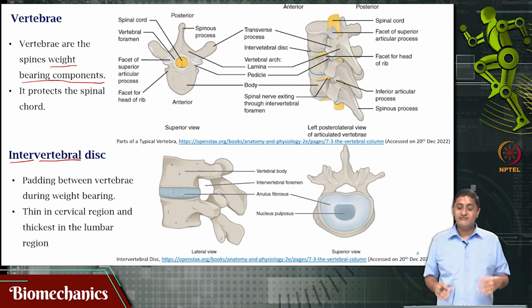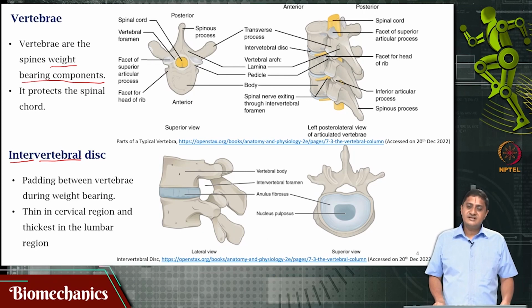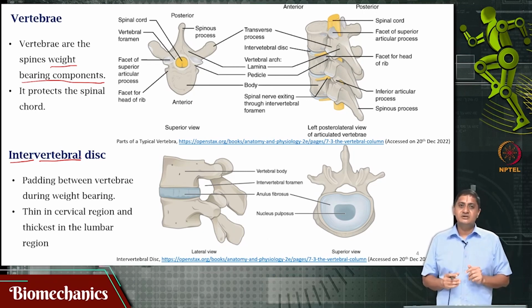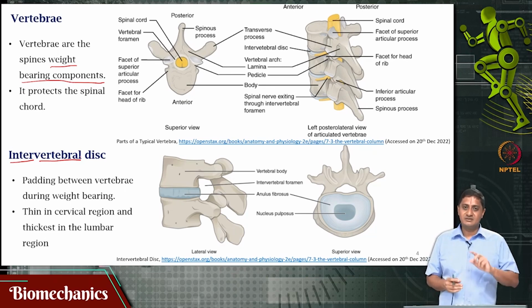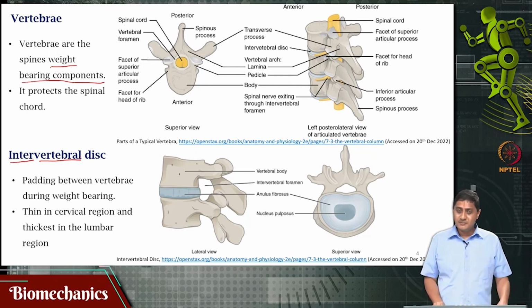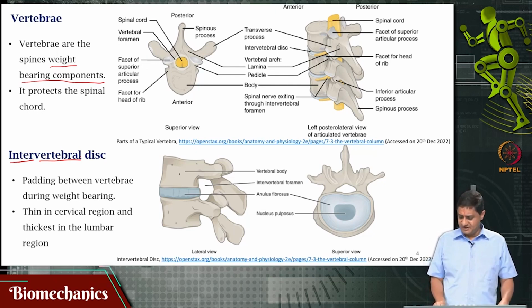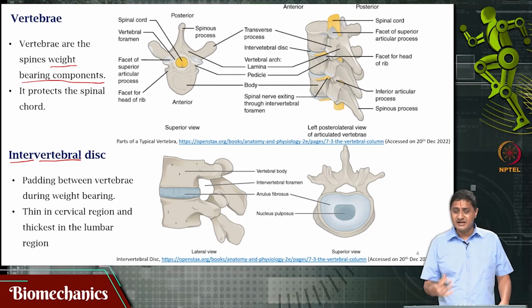These intervertebral discs are strongly attached to both the vertebra at the top and the vertebra at the bottom, thus connecting them. The purpose is to provide padding between the vertebra and help in weight bearing.